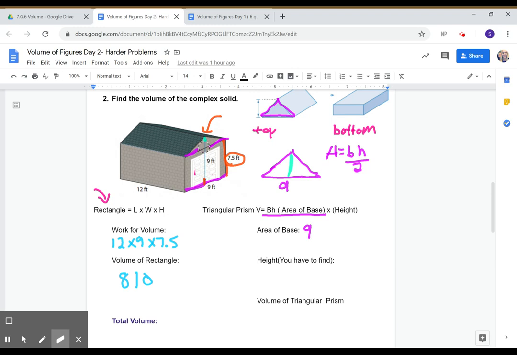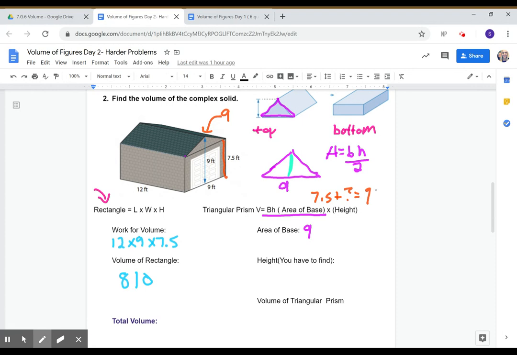Because if I look at this blue line, they're telling me that whole entire piece is 9, right? So I'm going to erase this so you can kind of see it better. This whole piece is 9. From here to here is 7.5. So what I'm really trying to figure out, okay, well 7.5 plus what gives me 9?